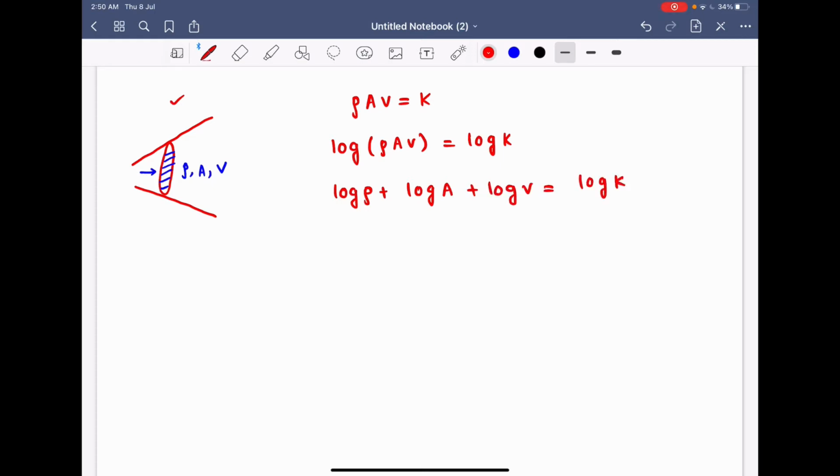Log of abc can be written as log a plus log b plus log c. Here a is rho, b is A, and c is v. I'm just expanding.